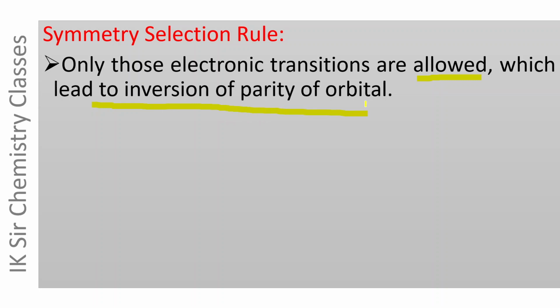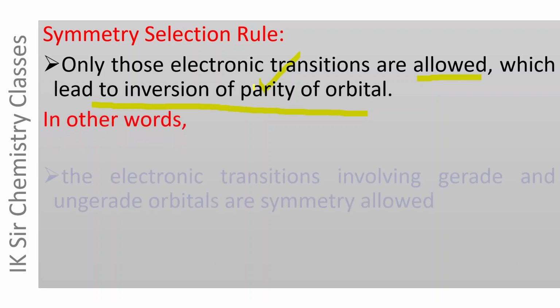Let us recapitulate again. Gerade orbital has even parity, while ungerade orbital has odd parity, and only those electronic transitions are allowed which lead to inversion of parity of orbital.